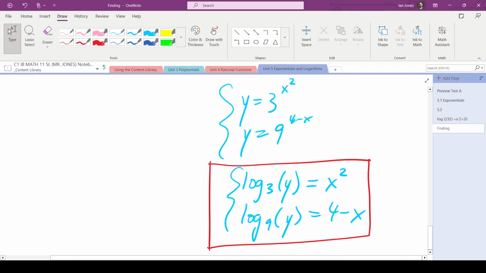Could we do anything else? I'm sure we could. Could we change these arguments somehow so that one of them is y and one of them is something else? I'm sure we could. For example, let's take this. I'm going to write it out again. And this is really what I mean about playing around with the math and trying to figure out new questions.